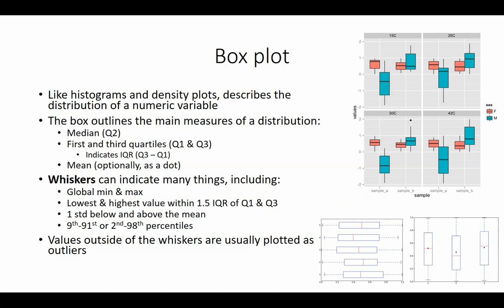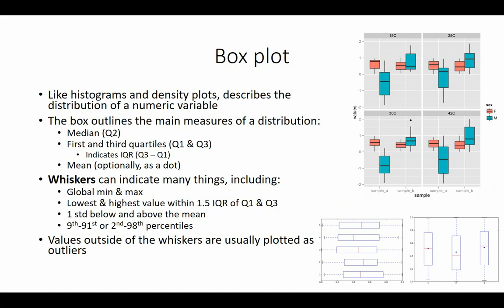Then you also have the parts that pop out of the box at the top and at the bottom, which are called the whiskers. That's actually not very consistent. In different graphs it can mean different things, and different packages will give you different things by default. Sometimes it's just the global minimum and maximum of the values. Most commonly, it will be the lowest and highest value within 1.5 IQRs of Q1 and Q3.